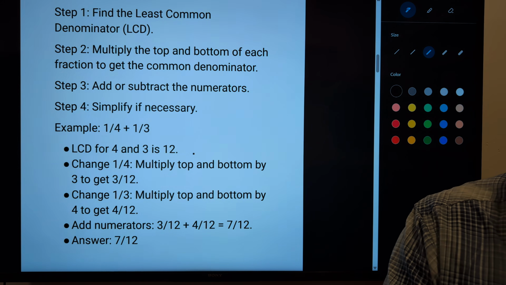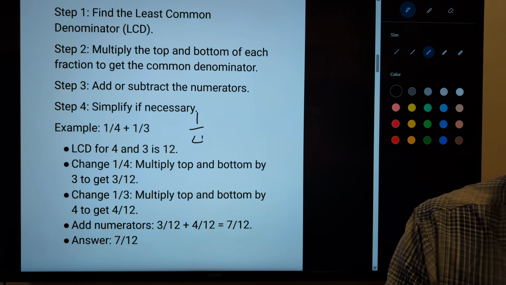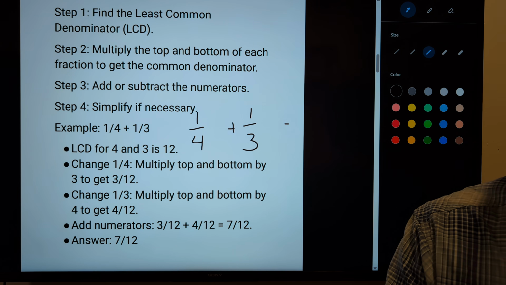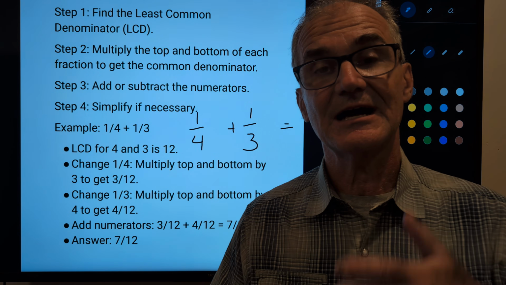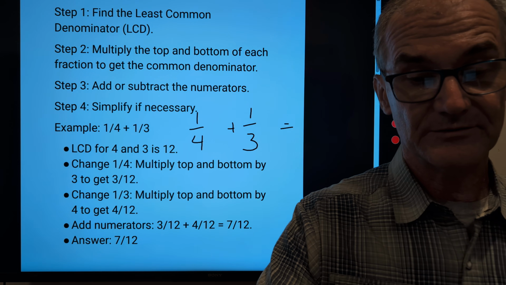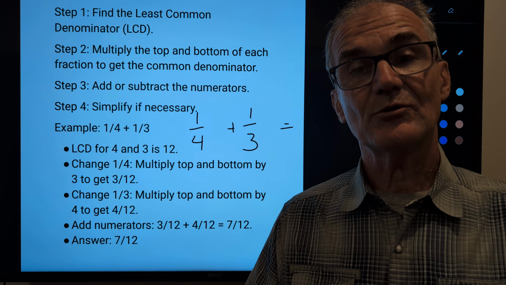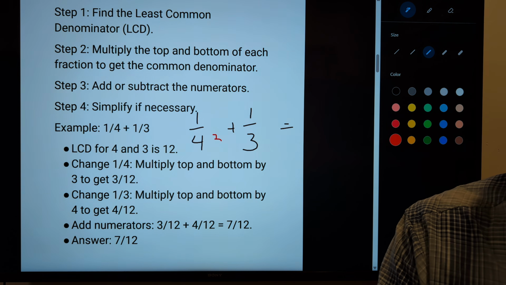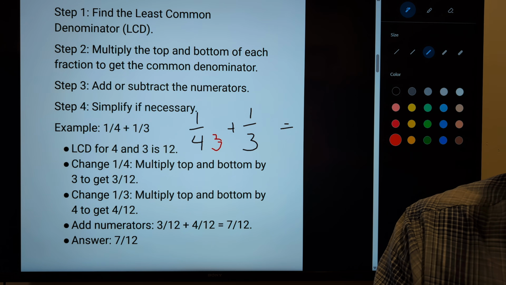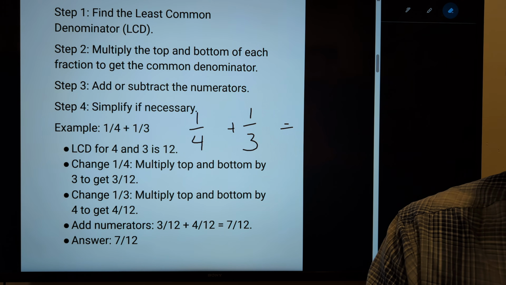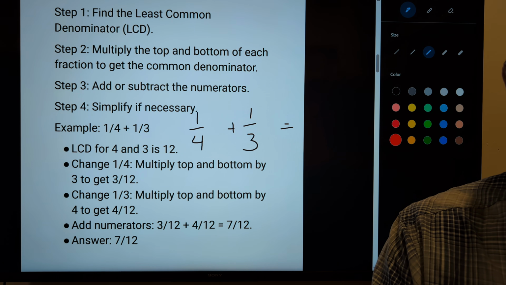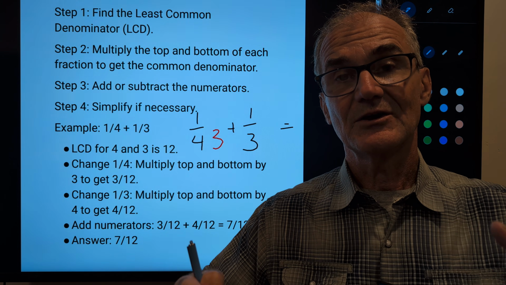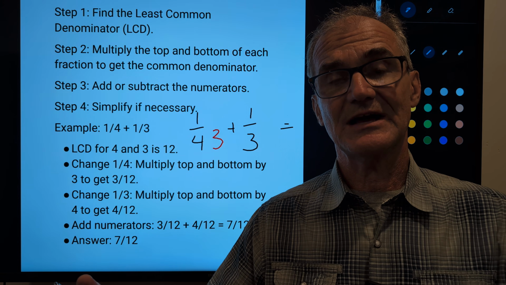So what I have is 1/4 plus 1/3, and I need a common denominator. We said that common denominator is going to be 12. So I got to turn that 4 into a 12. I do that by multiplying it by 3. If I multiply it by 3, it's going to change the value of it.